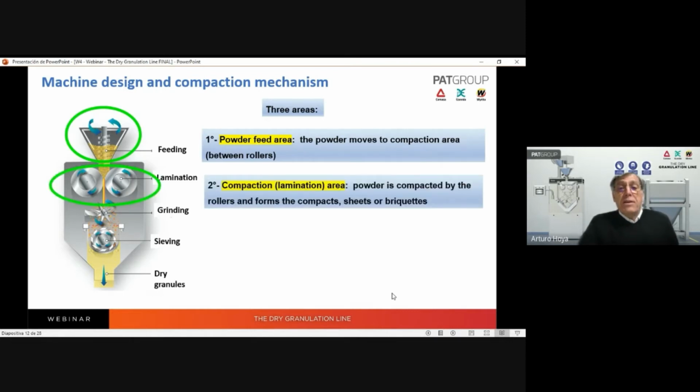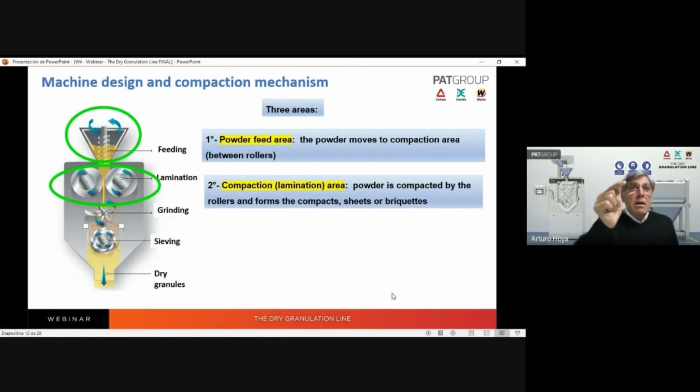The next area is the compaction or lamination area. Here the powder is compacted by the rollers and forms the compact sheets or briquettes. Remember, these compacts, these sheets, these briquettes have a uniform, isotropic density, because the pressure was constant, and the pressure was constant because the gap is variable as a function of the feeding.